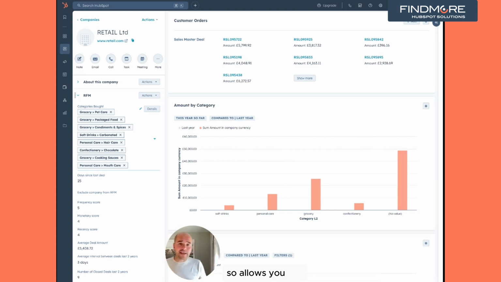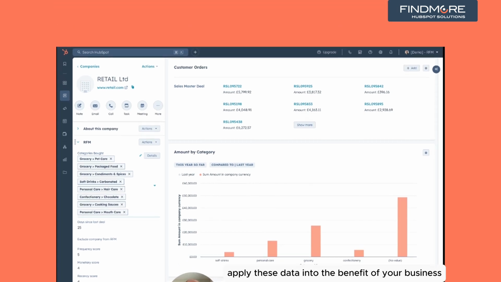So it allows you to act before a customer actually churns. As you can see, this is very powerful. The generation of cohorts gives you lots of capabilities, and using HubSpot as a very customizable platform gives us endless options and opportunities to apply this data for the benefit of your business.